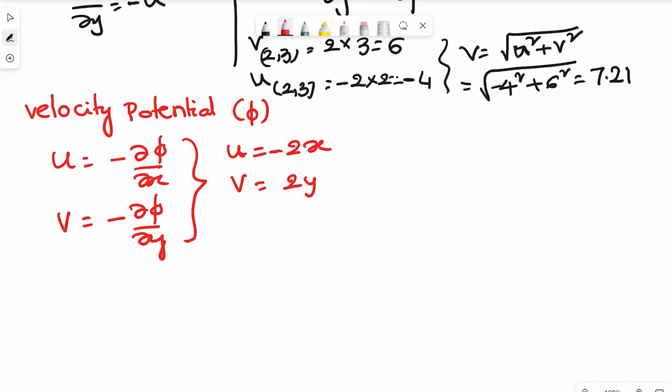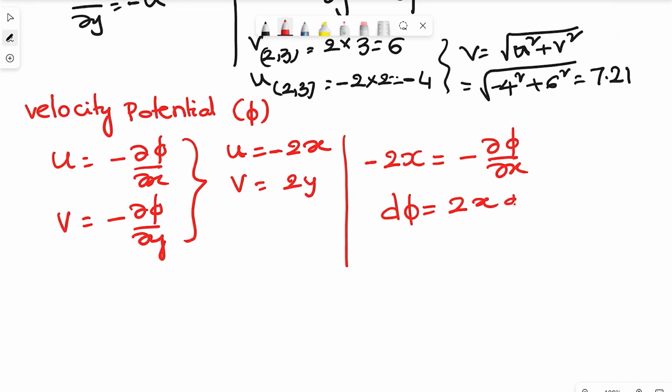So now we take the first equation. u means minus 2x is equal to minus dou phi by dou x. Minus minus will cancel, so d phi is equal to 2x dx. If I integrate this, phi is equal to 2 into the integral of 2x dx, that is 2 into x square by 2, plus a constant.